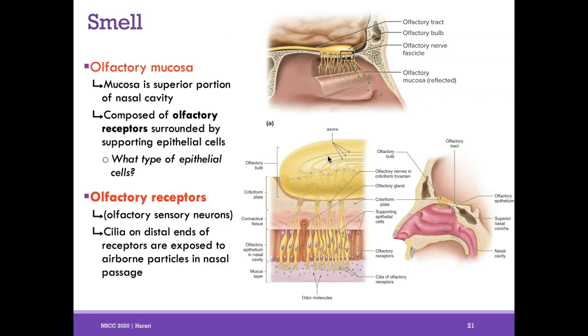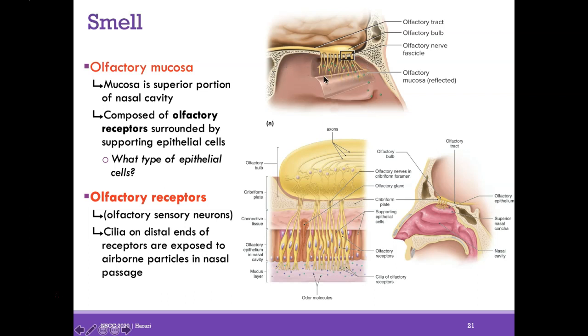Another thing to think about is what kinds of cells are these neurons? Are these unipolar, bipolar, or multipolar? So that's going to come up in a bit, so you should think about that. This is an interesting type of cell over here. So this is the mucosa.